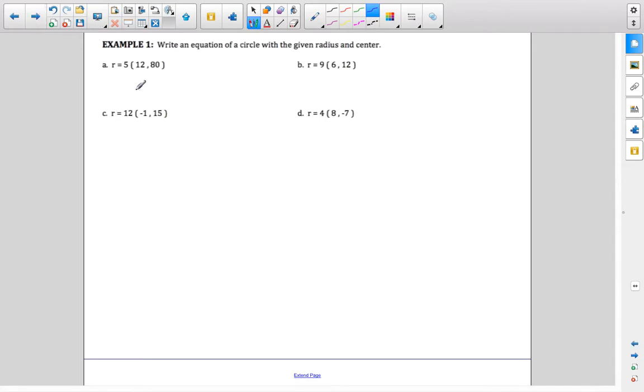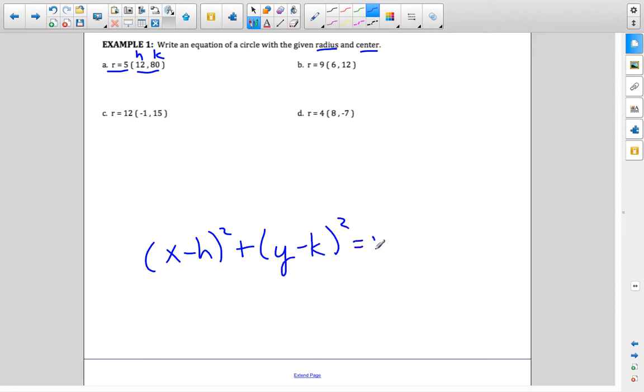So let's look at an equation. They're giving us the center and the radius. So here's the center of my circle, and here's my radius. So this is the h, and this is the k. Now remember, our formula is (x minus h) squared plus (y minus k) squared equals r squared. So to write this equation, I'm going to insert the 12 and the 80.